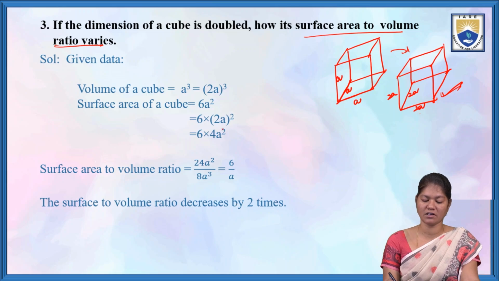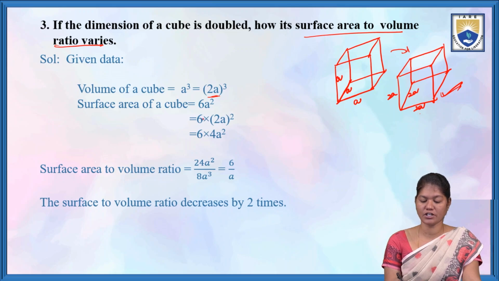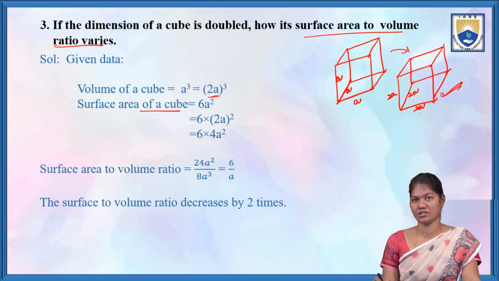The given data is the volume of a cube, which equals 2A cubed. The surface area of a cube is 6A square. Wherever A is doubled, it becomes 6 into 2A square, which equals 6 into 4A square.